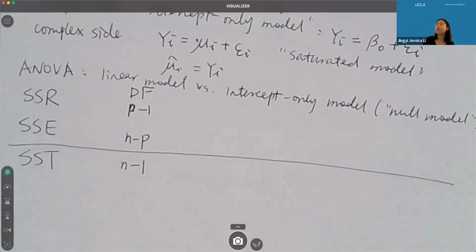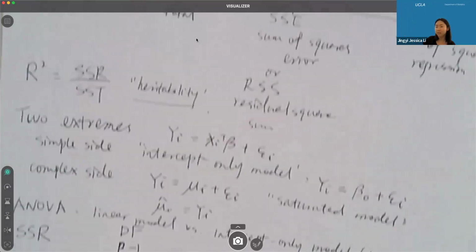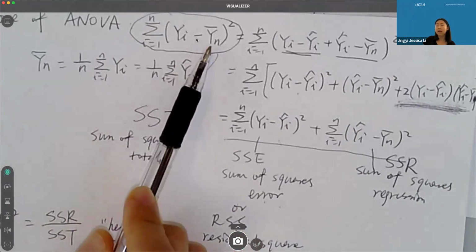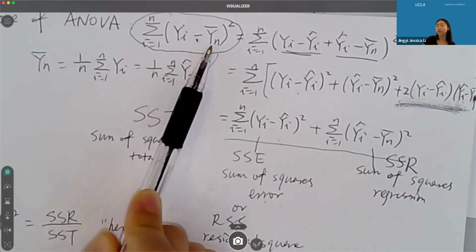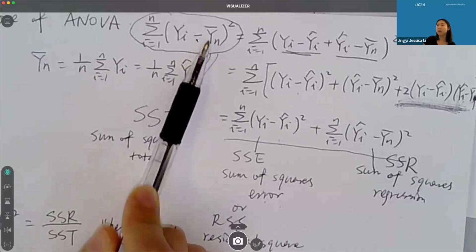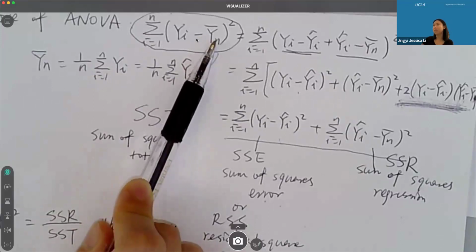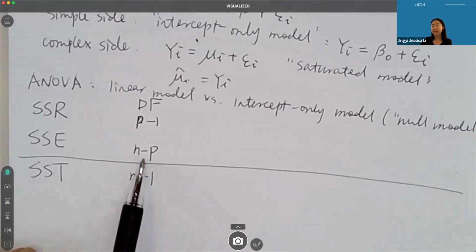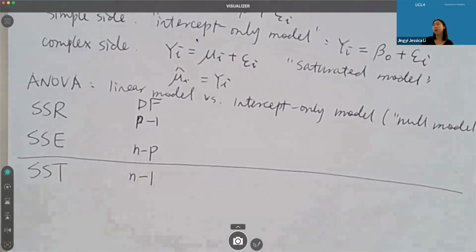I think this is the most challenging part. For the SST, if we scroll up to the formula of SST, we only add one constraint, which is the average. The average is the only constraint tying the endpoints together, so we lose 1 degree of freedom. In the SSE, the residual, we already saw this.